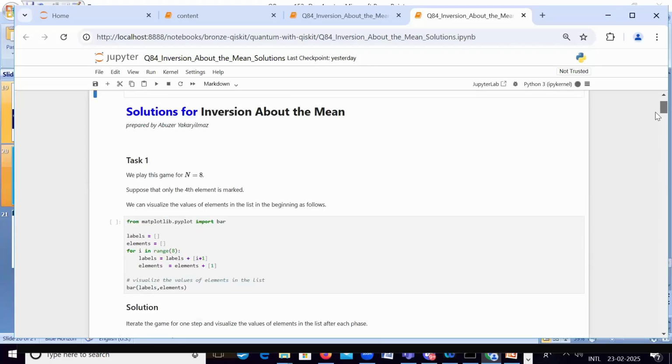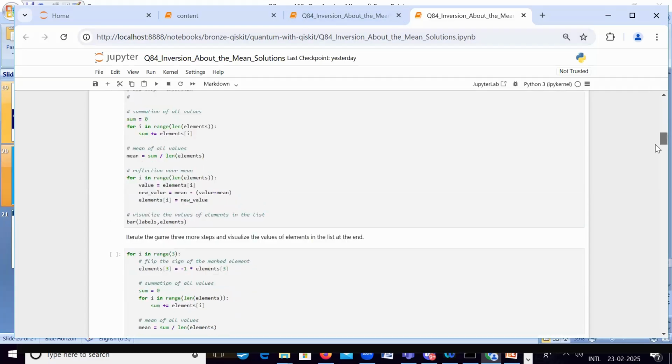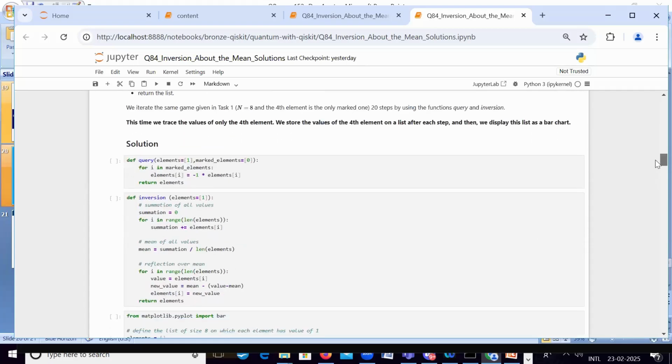So the first one is the task 1. Is it task 1? The solution is here. Now we are looking into the second part. In the second part, the query, then the elements, then the mark elements. And then for that condition, it has to be marked with this one.